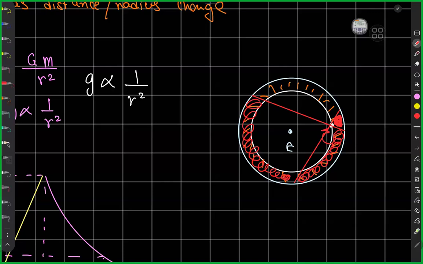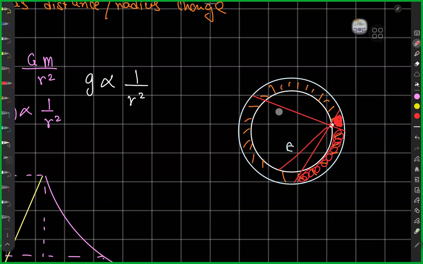So essentially, my friend, whatever this portion of the mass of Earth's shell has on the object over here gets cancelled by the force of this shell on the object. So all the forces get cancelled out in the shell.